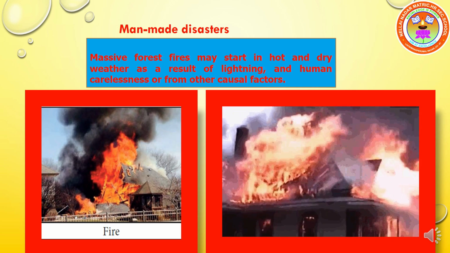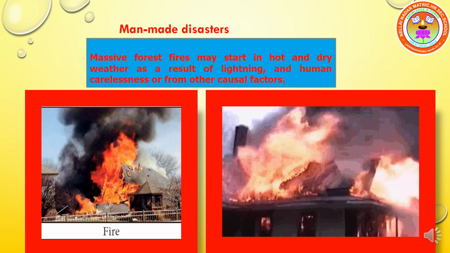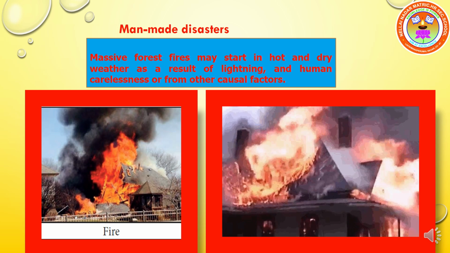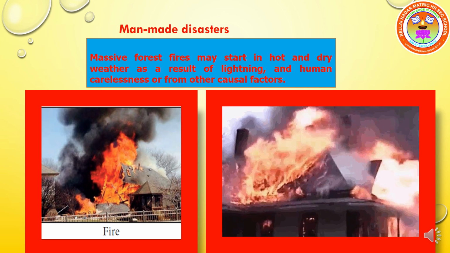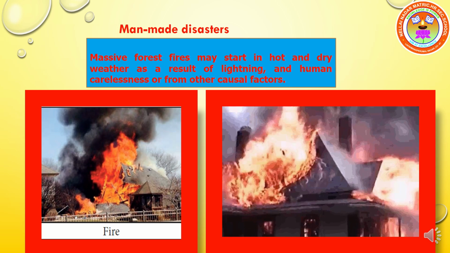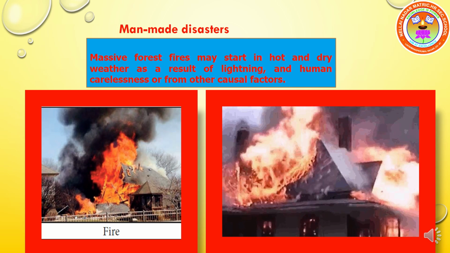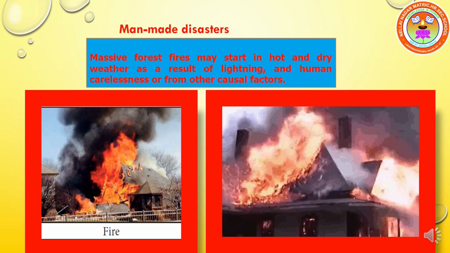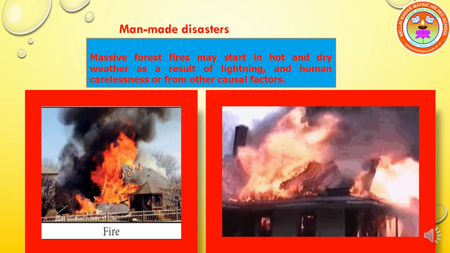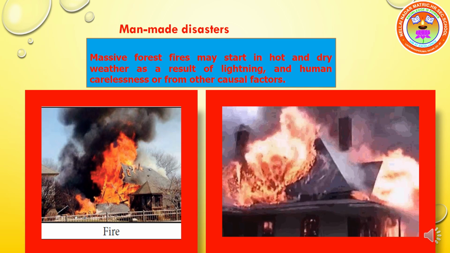Now we are going to see about man-made disasters. Man-made disasters means disasters happen due to human error. First man-made disaster is fire. Massive forest fires may start in hot and dry weather as a result of lightning and human carelessness or from other causal factors.